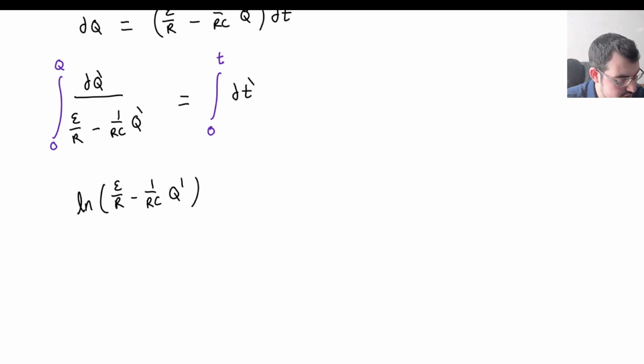The chain rule says when you take a derivative of a composite function, you have to multiply by the constant. Well, this is integration, so we have to divide by that. So dividing by 1 over negative RC would be just negative RC. And we're evaluating from 0 to Q.